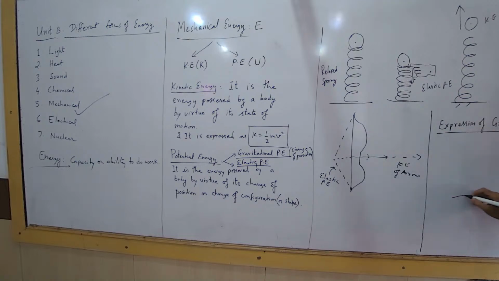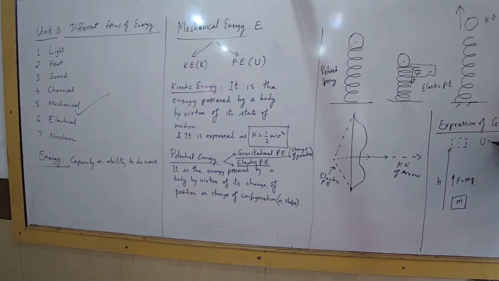Let us say you have an object, the duster for example, with mass m. Now you lifted it to a certain height h. How much force do you have to apply in the upward direction? At least the weight of the duster, which is mg.